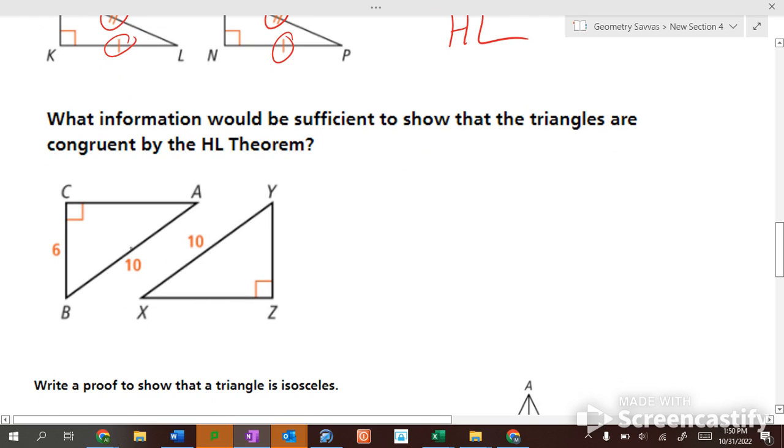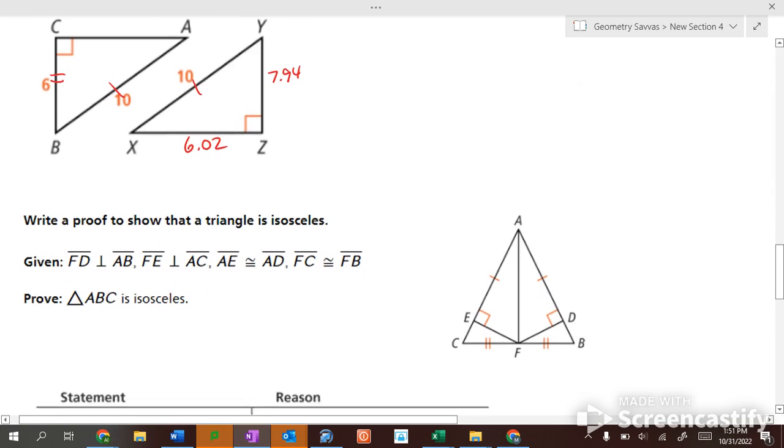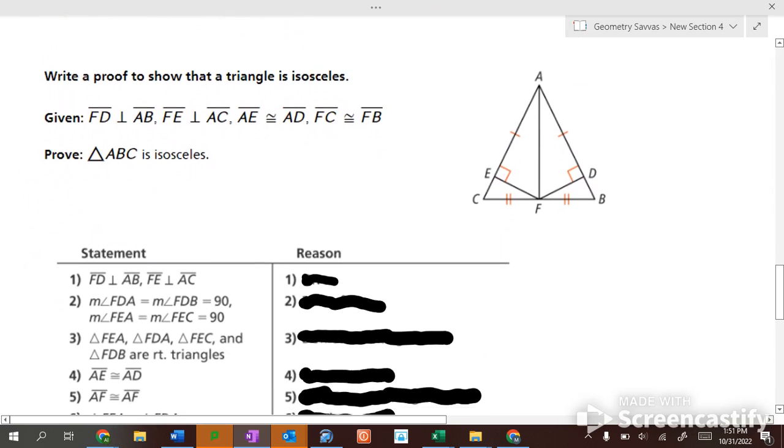No, because you know the hypotenuse of each, and you know one leg of this one, but you don't know either leg of this one. So if this is 10, this could be like 7.94 and this could be 6.02, and it could make 10 or something like that. So that doesn't work. You need a little bit more information.